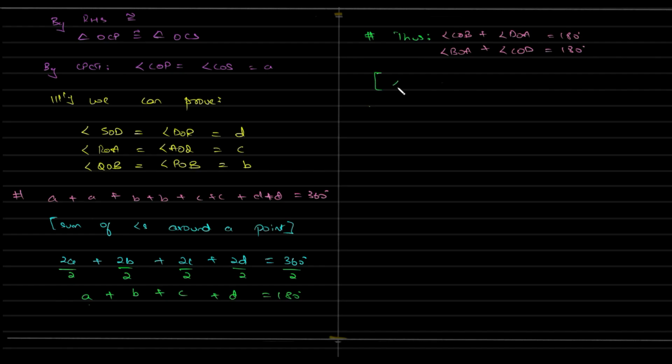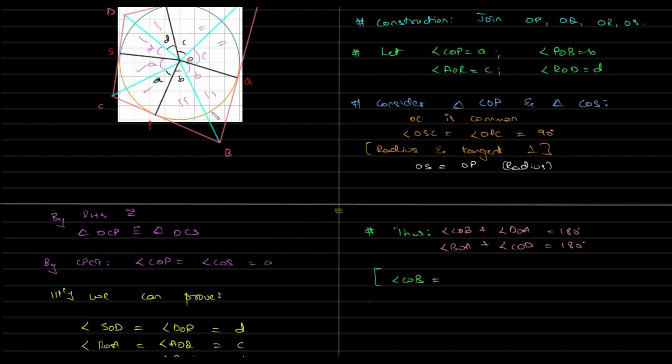We'll just write the details. Angle COB is A plus B. Angle DOA is C plus D. Angle BOA is B plus C. Actually, this is a lot of writing. It's not required, but I'm just being on the safe side.